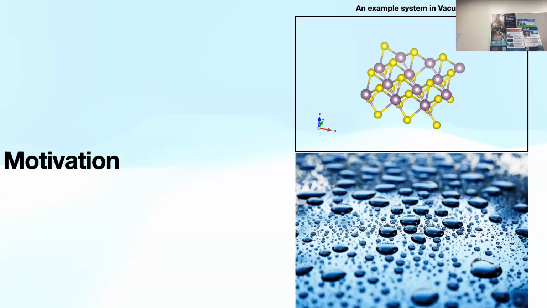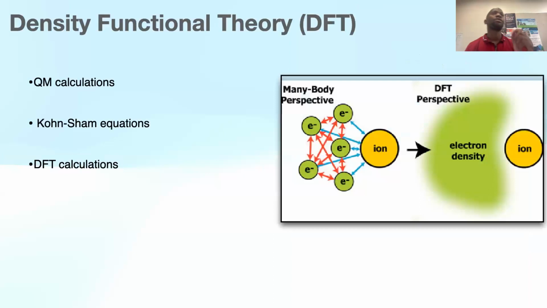Instead of looking at the whole system, individual electrons in the system, each at a single time, we instead look at it as an electron density problem. So we do electronic calculations on such a problem.